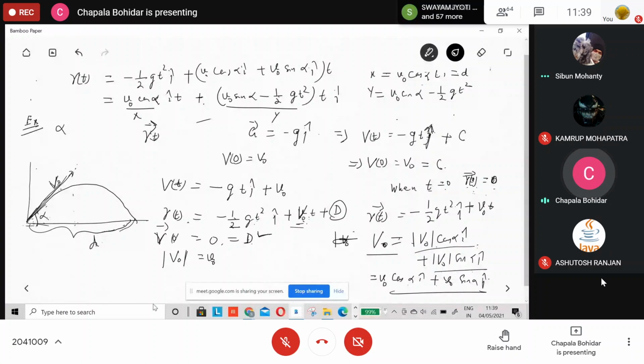V naught sin alpha t, it is sin alpha t. Sorry, no, the t is here. You see, it is t here, it is t square. So I have to write here sin alpha t minus half g t square. Okay, ma'am.